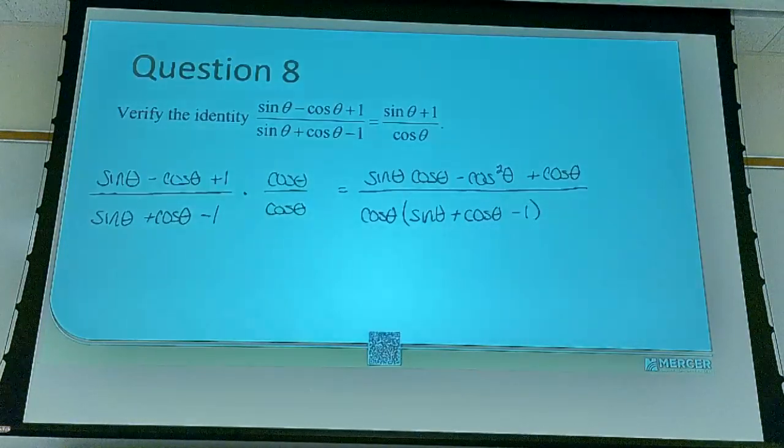Don't bother distributing the denominator. Our goal is to try and get that cosine alone, so there's no point in distributing it.